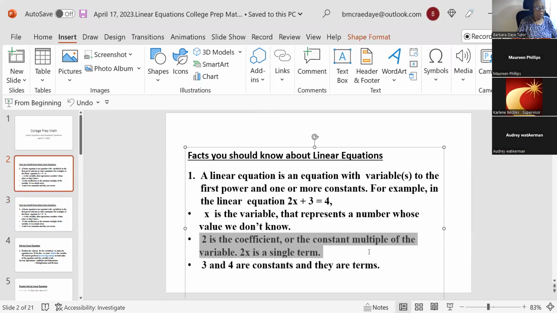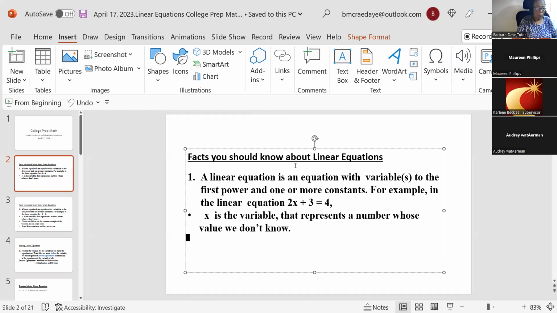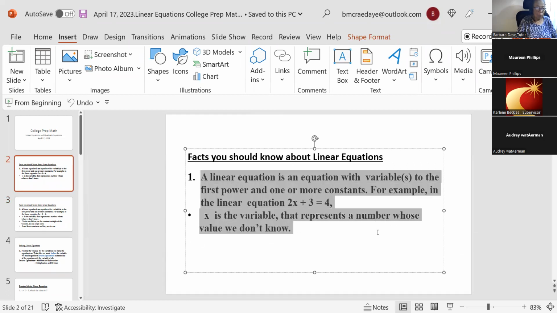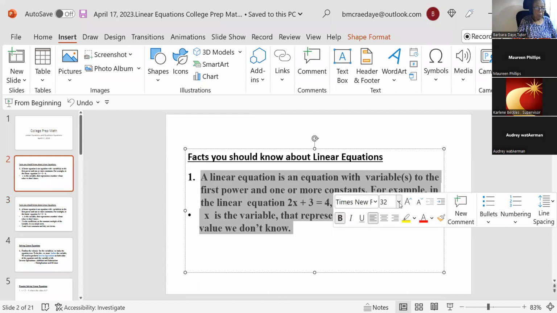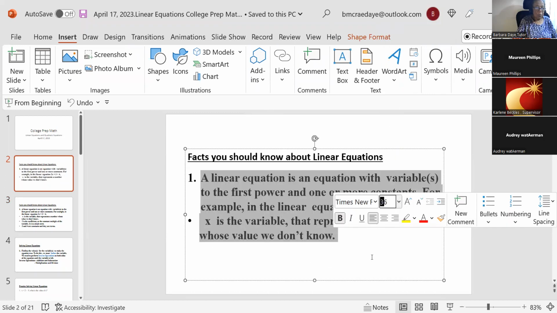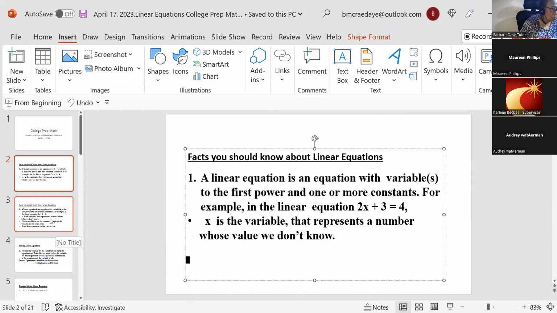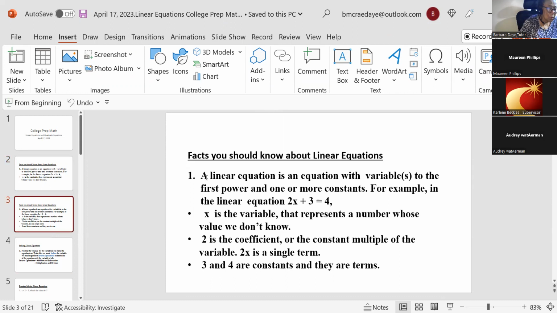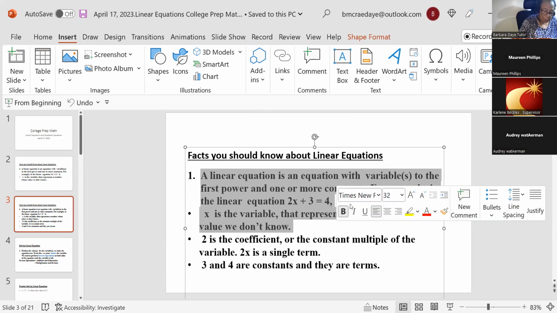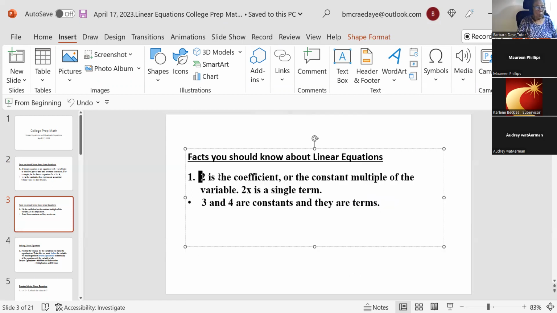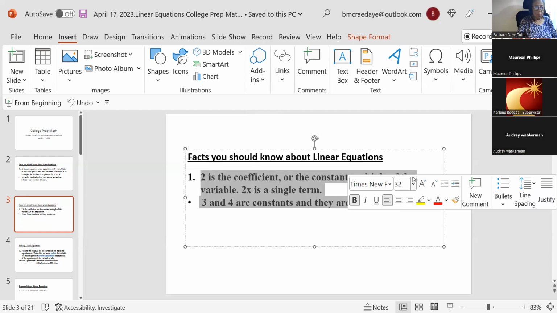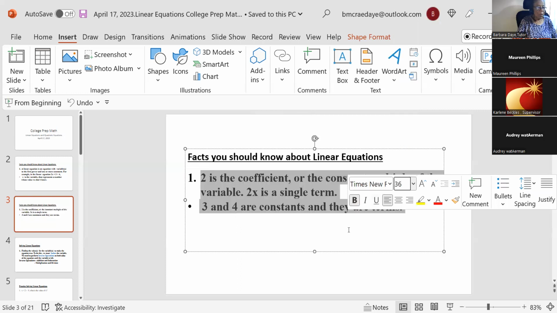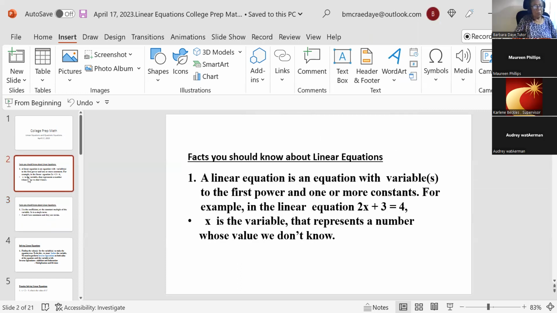Take that out, make it bigger. Bigger. Then I'll go to the next one. Yeah, Audrey, is that better? Yeah. Okay, I made it bigger and bolder.